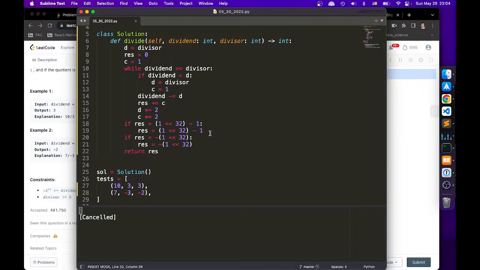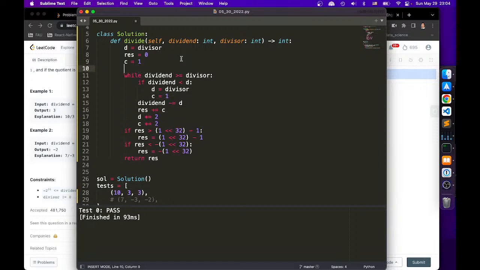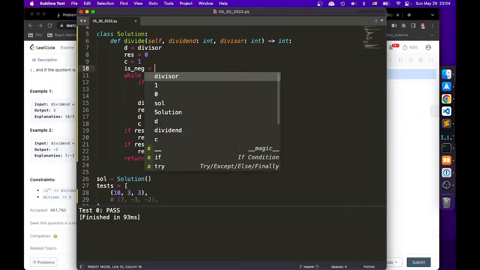Didn't change. I changed the dividend. Hold on. Yep, so it's the sign. Okay, so what we need to do is we say is negative shall equal to what?